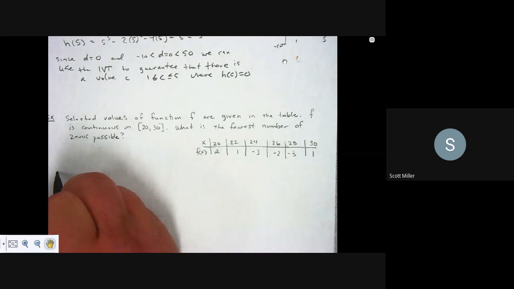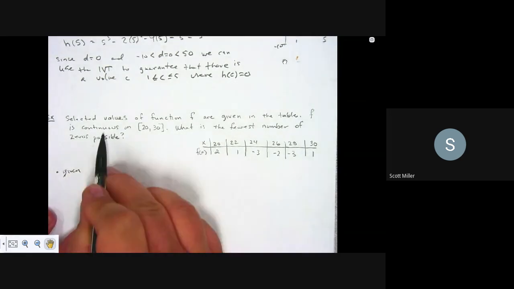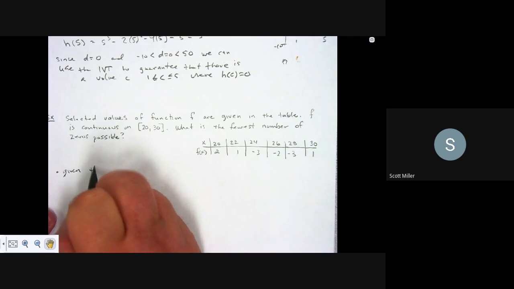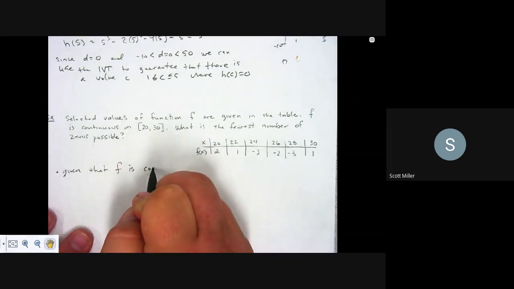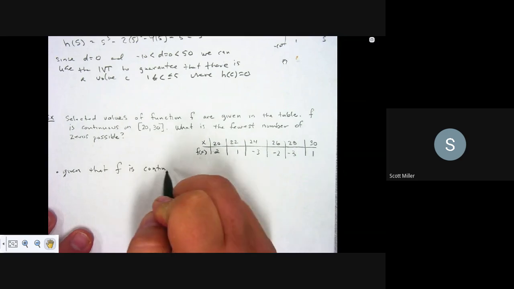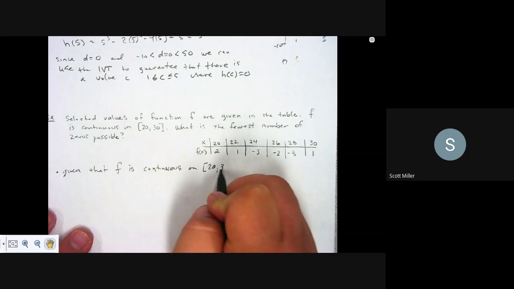Okay, so what do I know here? I know that I'm given that f is continuous on this interval. Every time I use it, I have to establish that I have all the conditions necessary to use the intermediate value theorem. So the first one is, is it continuous on this interval?